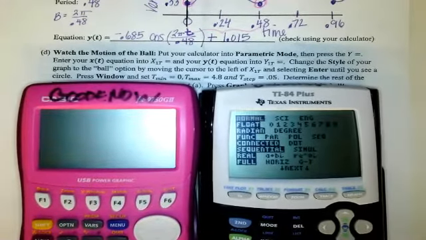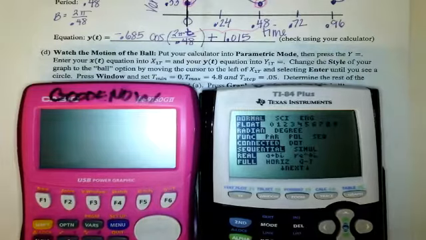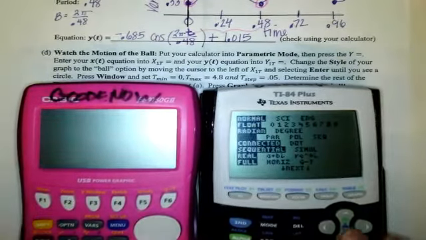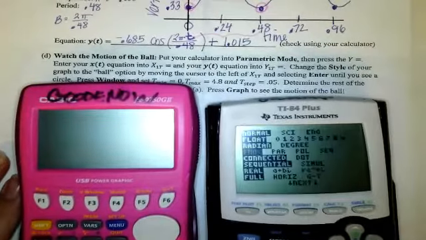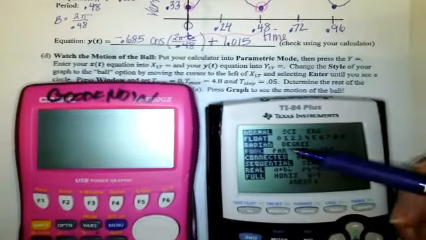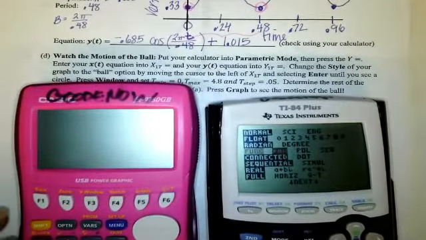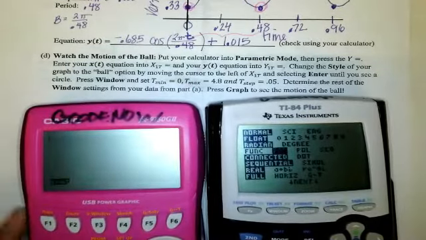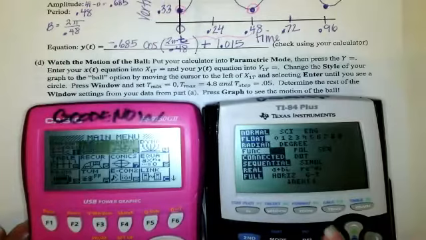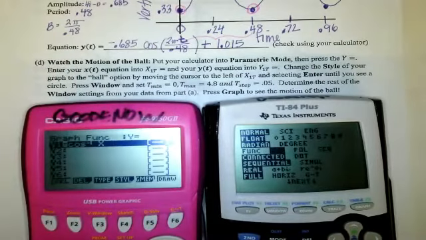You can see normally you're in function mode. You're going to need to switch from function mode to parametric mode, so highlight that. On the Casio, you're going to be in your graphing menu.